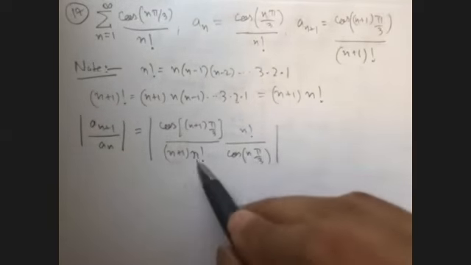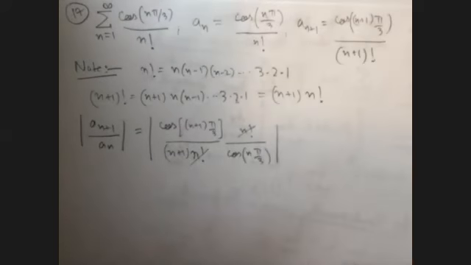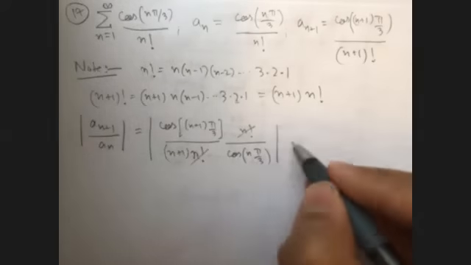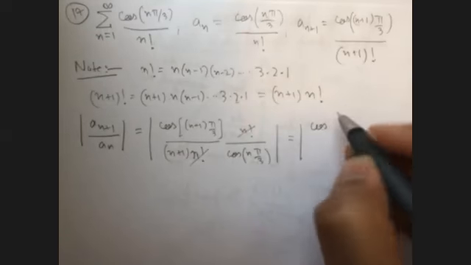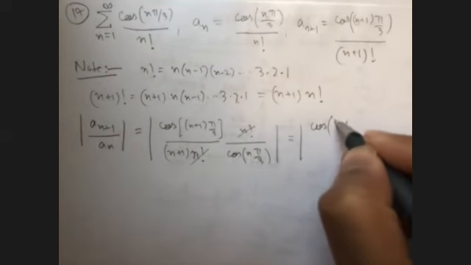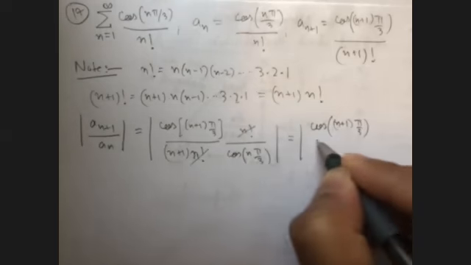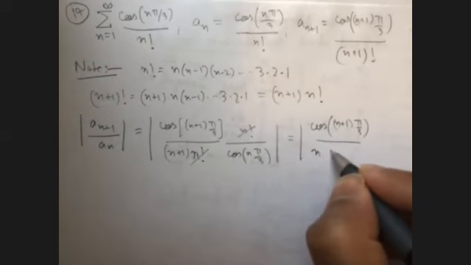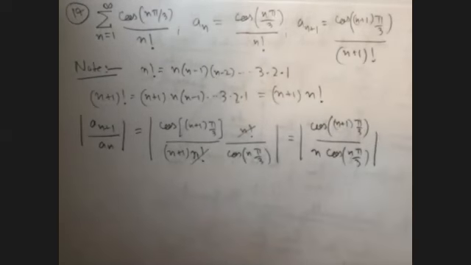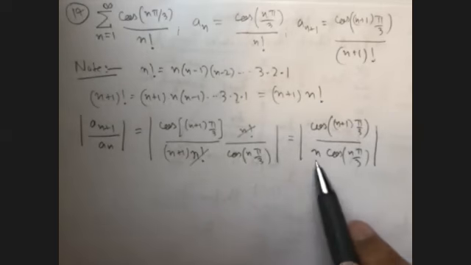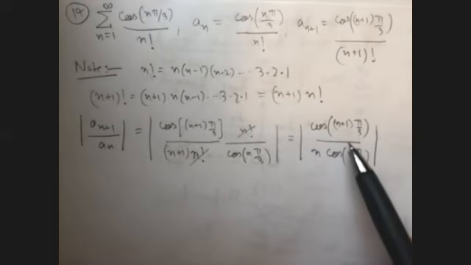Why have I written it like that? So that you can cancel out. Now this equals... Now there's n in the denominator, and there are two cosine functions of n.